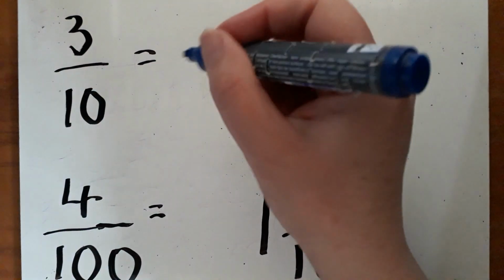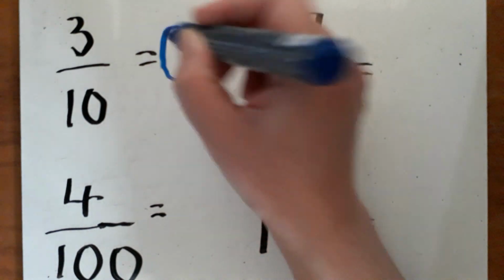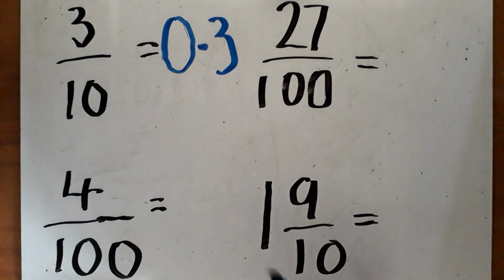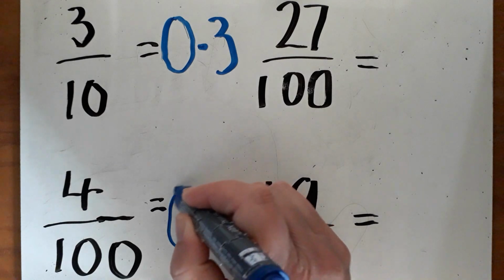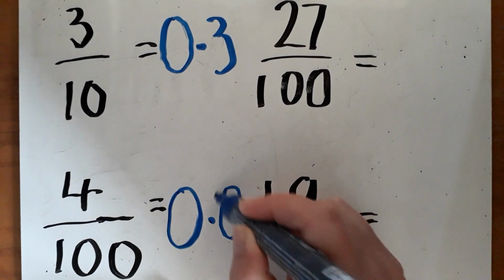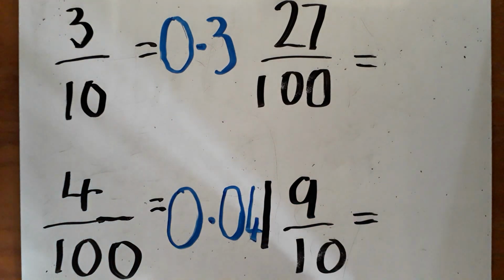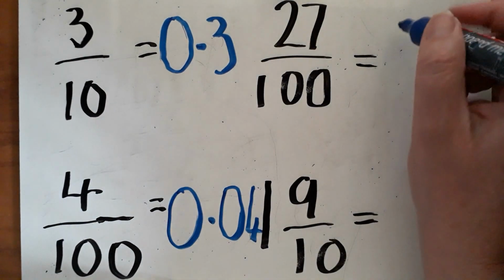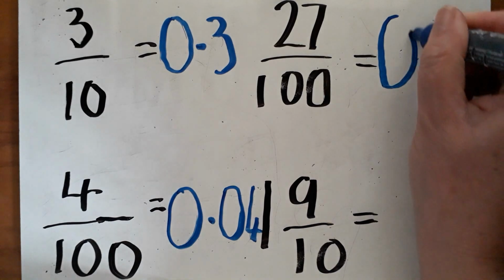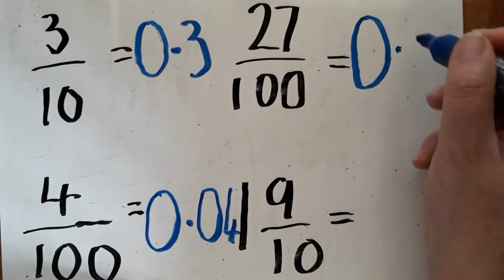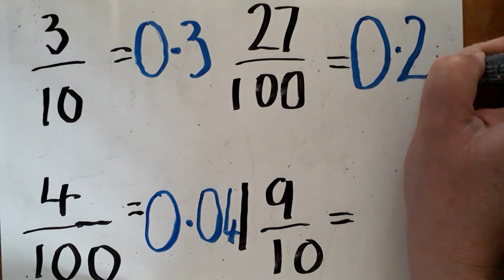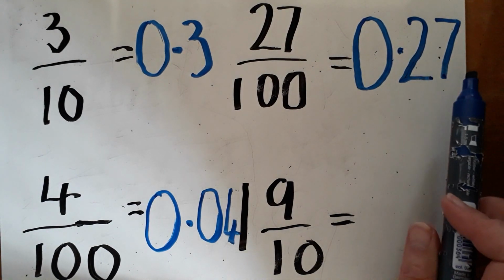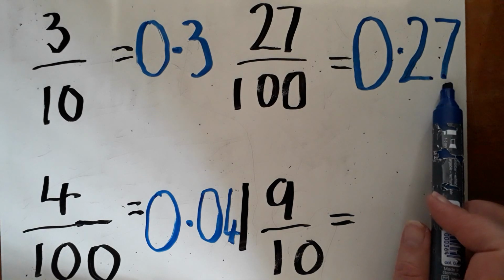So 3/10, we have 0 whole ones and a 3 in our tenths. 4/100, we have 0 whole ones, 0 in the tenths, and 4 in the hundredths. 27/100, there are 0 whole ones and 27 in our hundredths, which means we have a 2 in the tenths and a 7 in the hundredths.